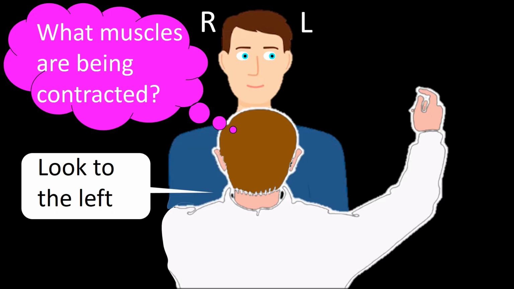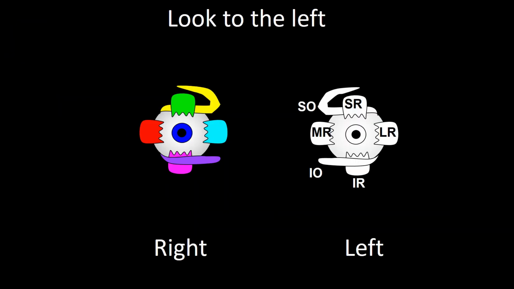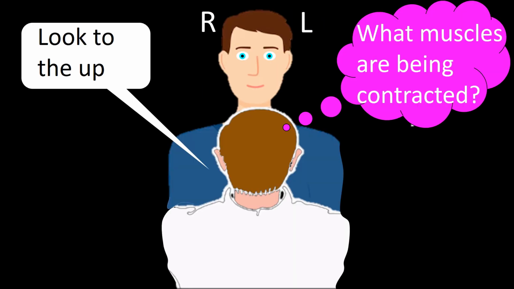When looking to the left, the eye muscles contracting are the left lateral rectus and the right medial rectus. Again, singling out the malfunctioning muscle is easy just by figuring out which is the eye affected.